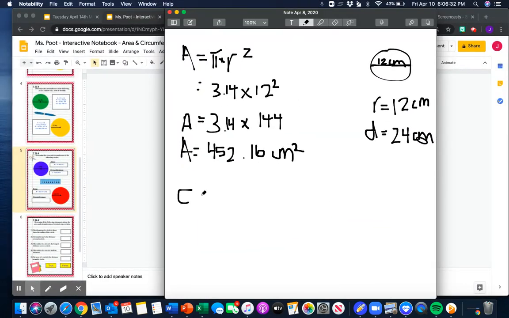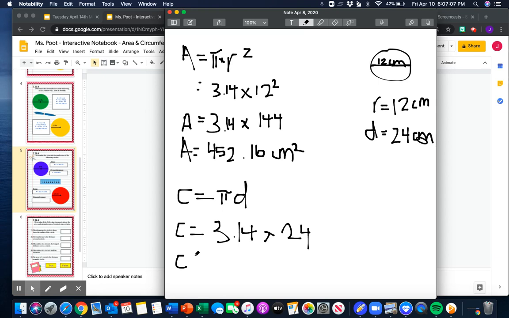All right, last one, circumference. I got to write down my formula because I got to remember them. Circumference is pi times diameter. All right, I'm just going to write down everything. 3.14 times 24. And I got that from up here. So now I'm going to take 3.14 and multiply it by 24.